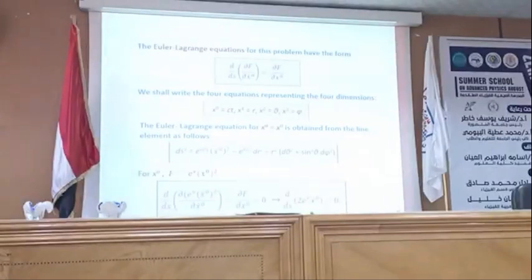Now, this equation, in fact, is a function of the first dimension, which is this one, a function of the second dimension, which is r, a function of the third dimension, which is theta, and a function of the fourth dimension, which is phi. So if I look at the line element, the only term in which I have 0 dimension, or the first dimension, is this term.